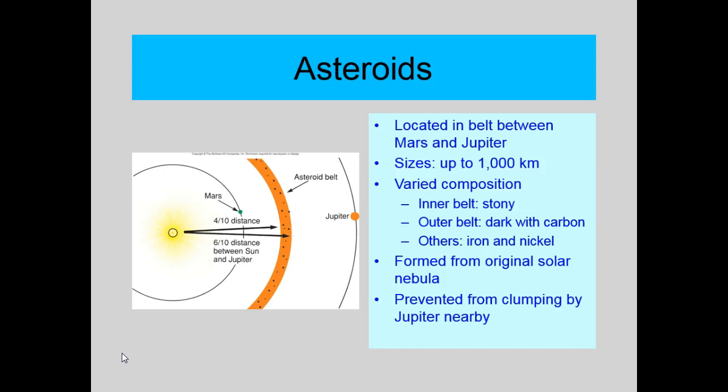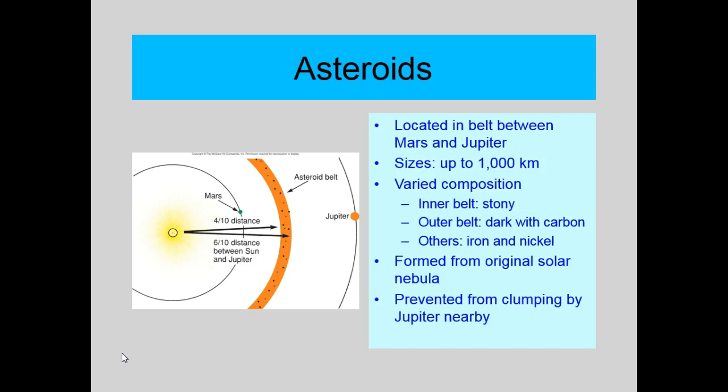Now, here's a picture of this. Sun here. Obviously the scale is not right. Mars, remember, we say was 1.5 astronomical units out there. Jupiter is out here at 5 astronomical units. Just about midway between the Sun and Jupiter is the asteroid belt.